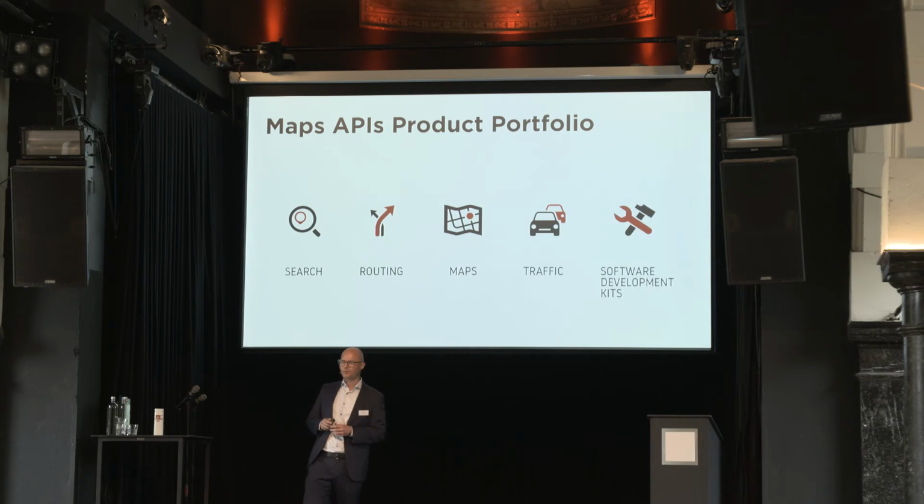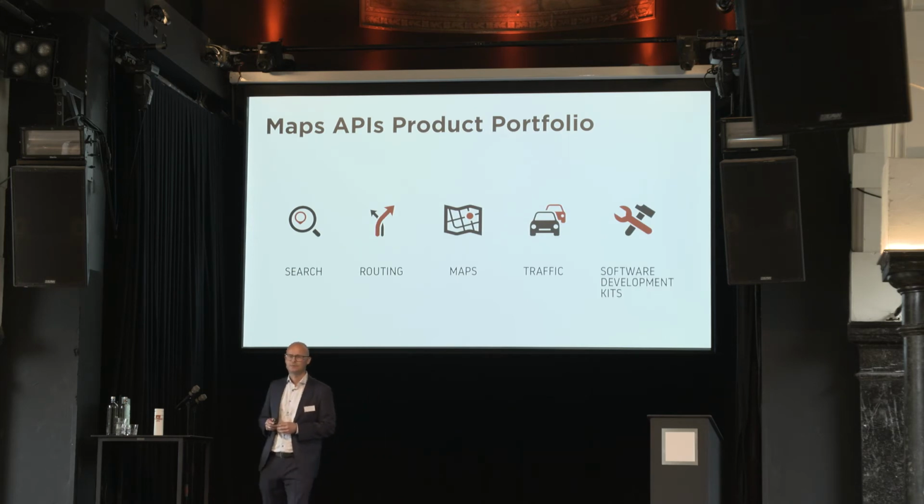So if you look at our product portfolio on the Maps API, we have search, but of course under search you have different types of functionalities like geocoding and reverse geocoding. Routing, different types of functionalities as well. I'll come back in a second and show an example of EV routing, which we released recently. And you have map tiles, you have the traffic, and in the end you have the Maps SDK.